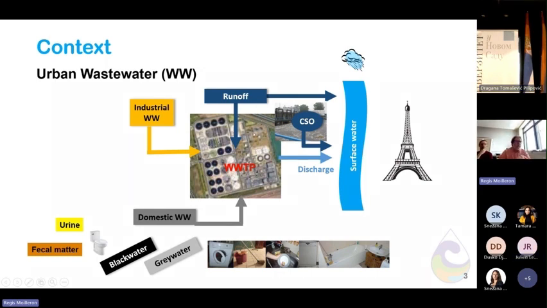If we are living in an urban environment, the sewer can be either combined or separate. In the case of a combined sewer, during a rainstorm, runoff is mixed with wastewater, and this mixture ends up at the wastewater treatment plant, and there could be some discharge to the surface water. But if the capacity of the sewer is exceeded, there is direct discharge without treatment, which is called the combined sewer outlet.